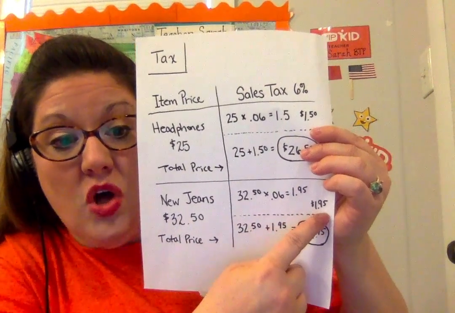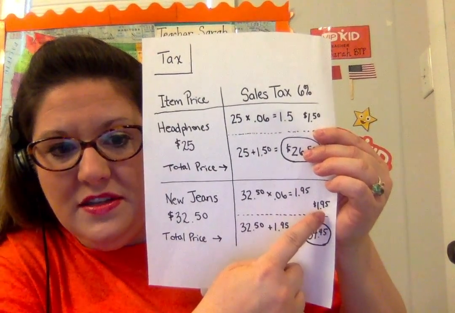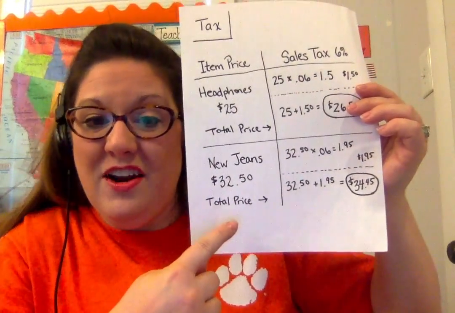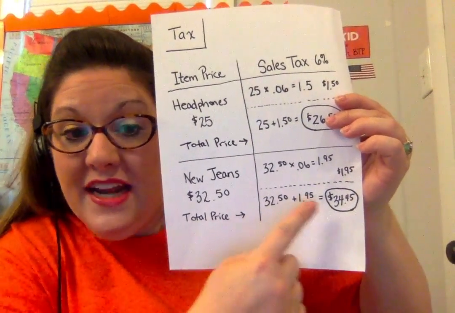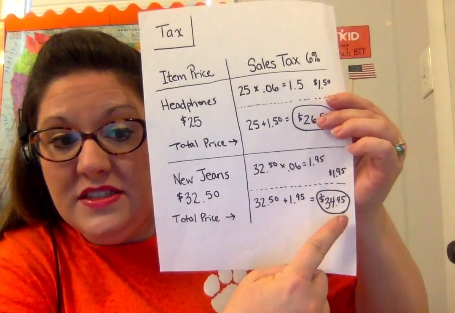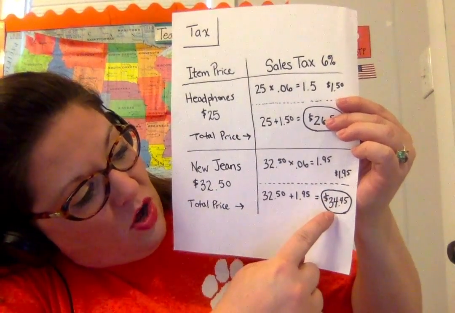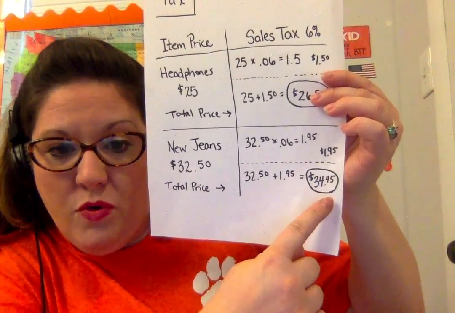So that means $1.95 is how much we will pay in sales tax on these jeans. Then we calculate our total price. $32.50 added to our tax, $1.95, gives us a total price of $34.45. So $34.45 would be the total.